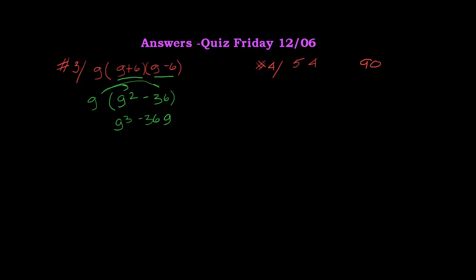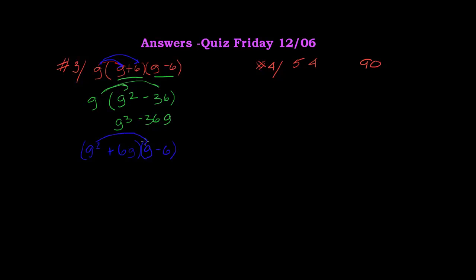Another way to do this is by saying I'm going to multiply this first one by g. Okay, so I'd get g times g, which is g squared, g times positive 6, which is positive 6g, and I still, because it's multiplication, still have g minus 6 over here.